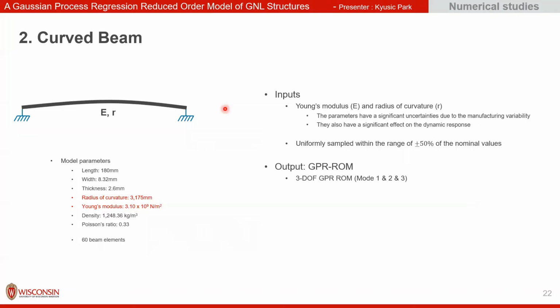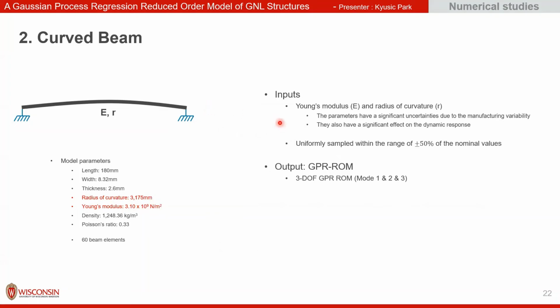We also tested the GPR ROM on a curved beam model that exhibits more complicated nonlinear behaviors, such as snap-through instability. The design parameters for the GPR ROM were chosen to be the Young's modulus and the radius of curvature because they entail significant uncertainties due to manufacturing variability, and they also have a significant effect on the dynamic response.